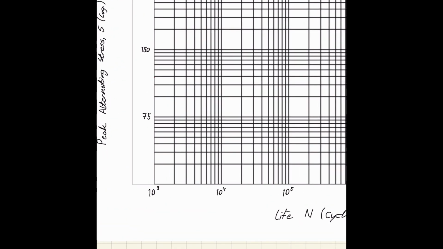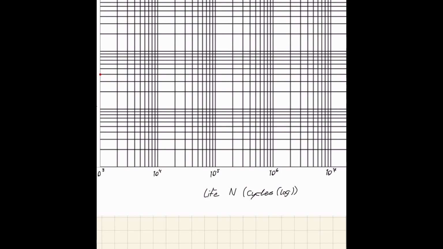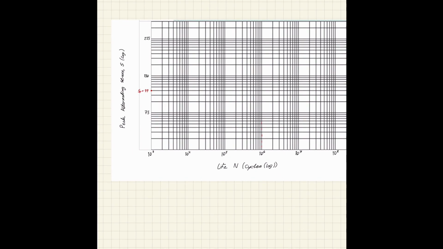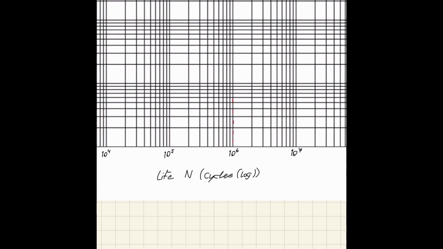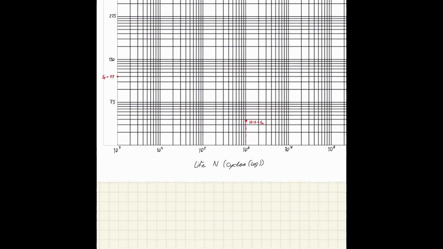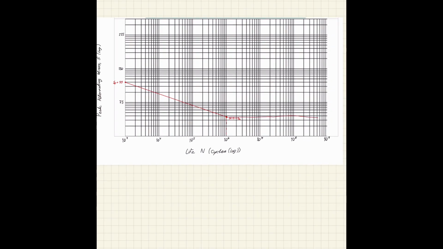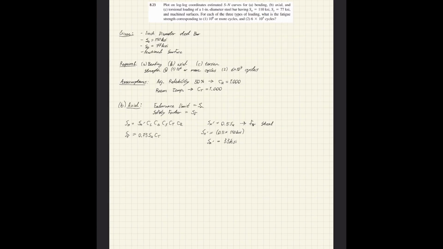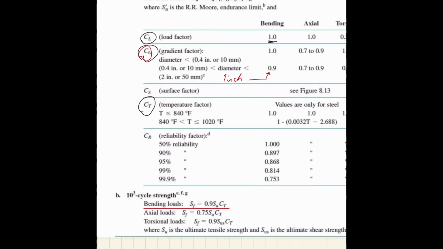We have peak alternating stress, SF, versus life cycles, N. SF here is equal to 99, and the other point on this graph will be at 37.13 KSI at 10 to the 6. So that's where we plot that point.